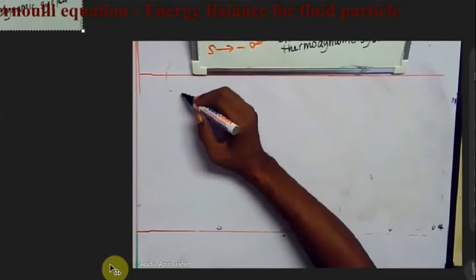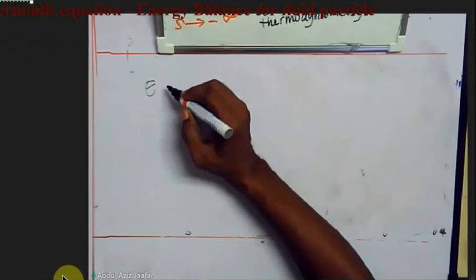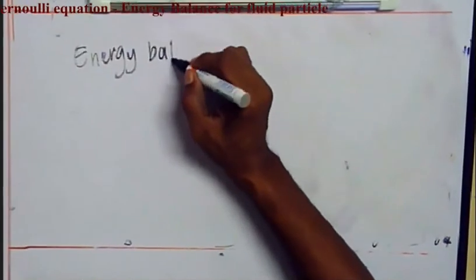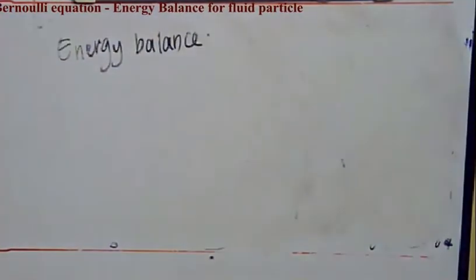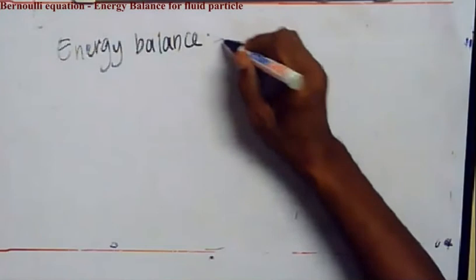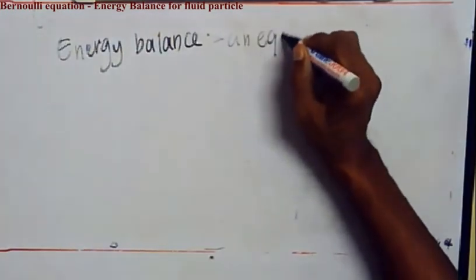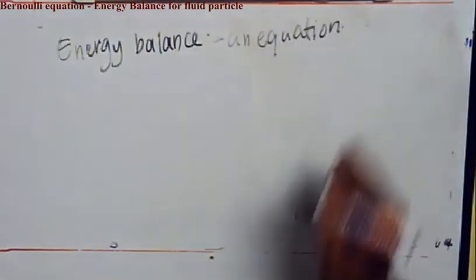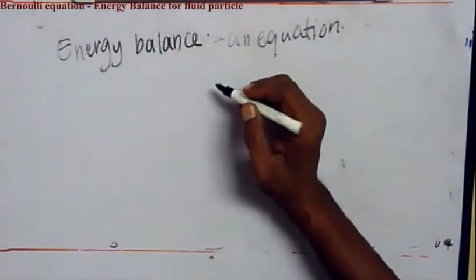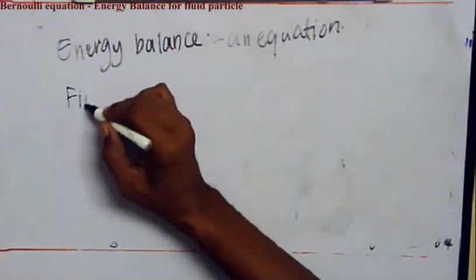So for a closed thermodynamic system, we have an equation called energy balance. Right, energy balance is an equation. It comes from the first law of thermodynamics.